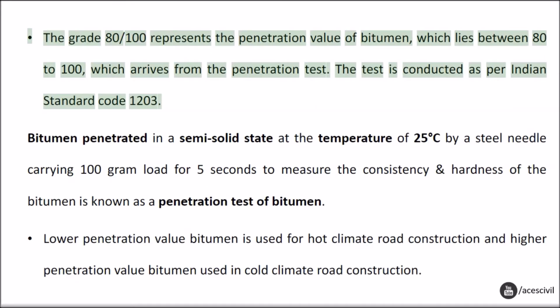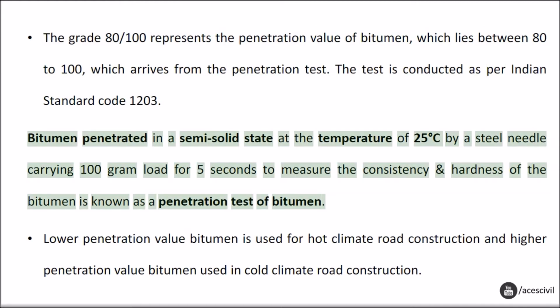The grade 80/100 represents the penetration value of bitumen, which lies between 80 to 100, which arrives from the penetration test. The test is conducted as per Indian Standard Code 1203.